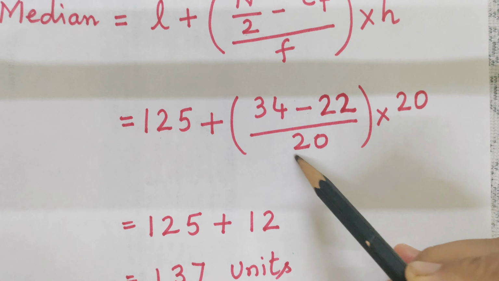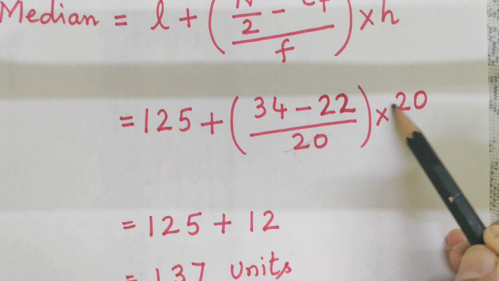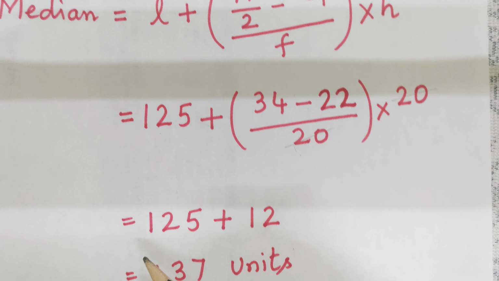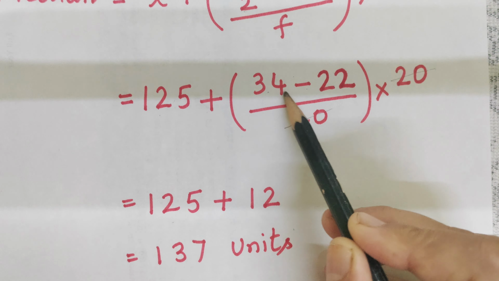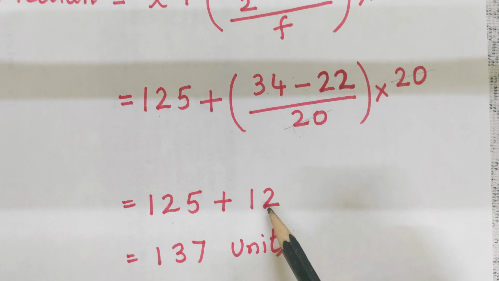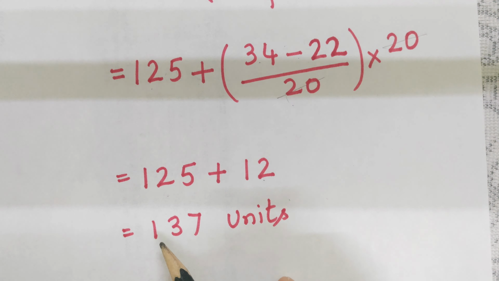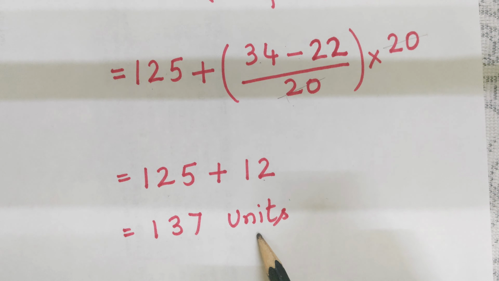This 20 and this 20 can be cancelled. Here we will be left with 125 plus 34 minus 22, which is 12, and you will get 137 units. This is the median of the data.